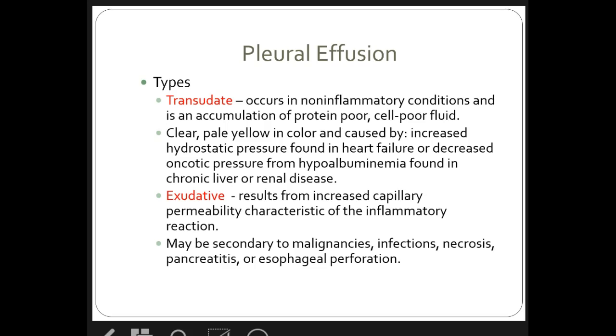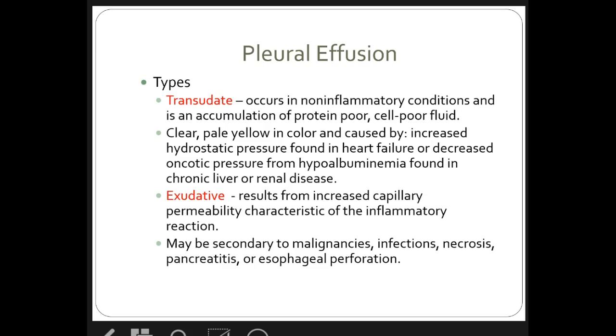Pleural effusion, this is an abnormal collection of fluid in the pleural space. It's not a disease, but it is an indication of a disease. There are 5 processes that can actually lead to pleural effusion. There can be an increased production of fluid due to increased oncotic pressure.